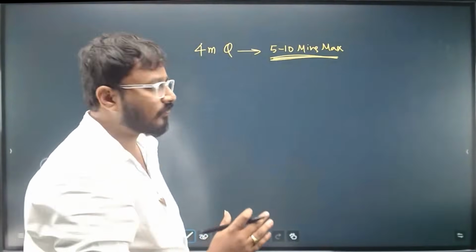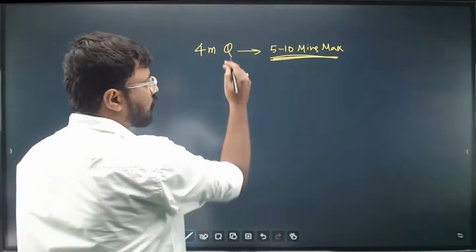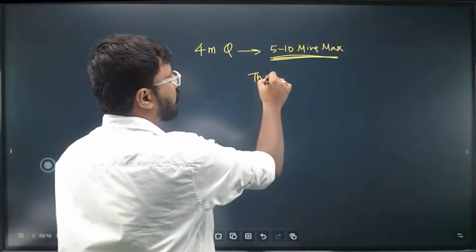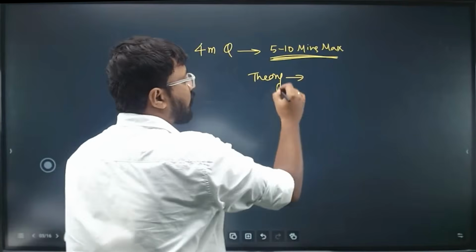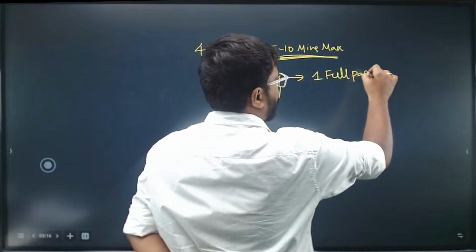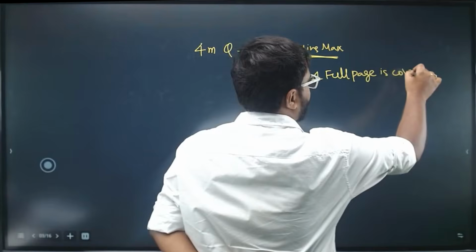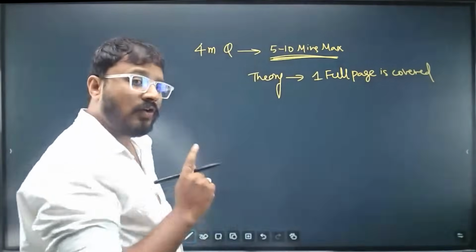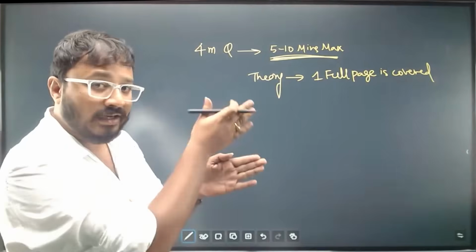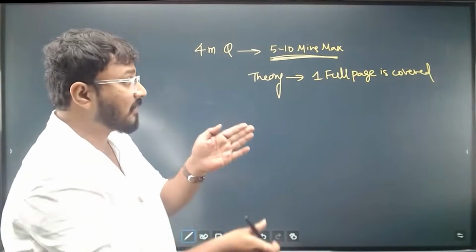And when it comes to the length of the answer, if it is a theory question, make sure one full page is covered. One full page is covered, right? One side of the page, not one full paper, one side is covered.